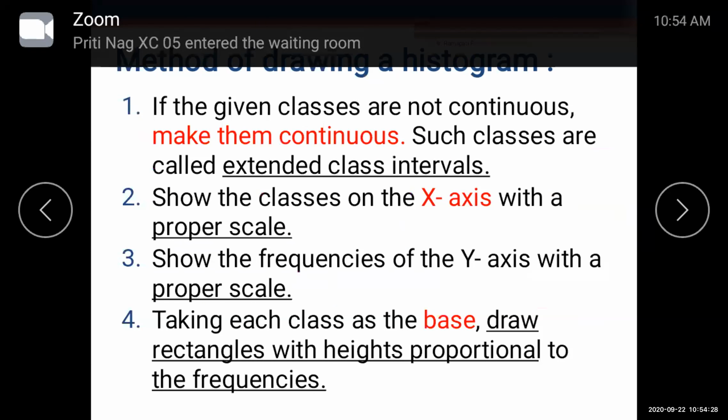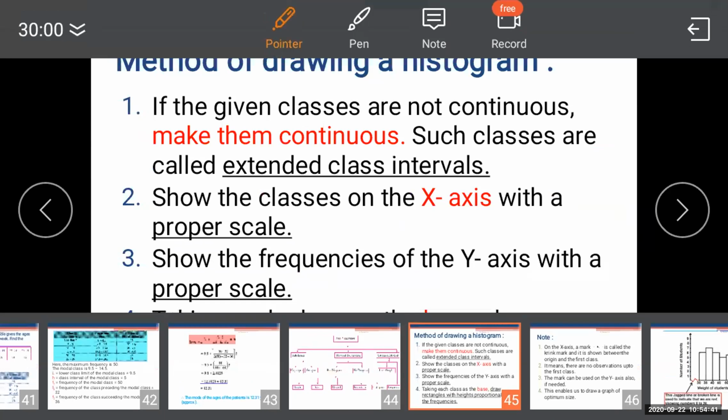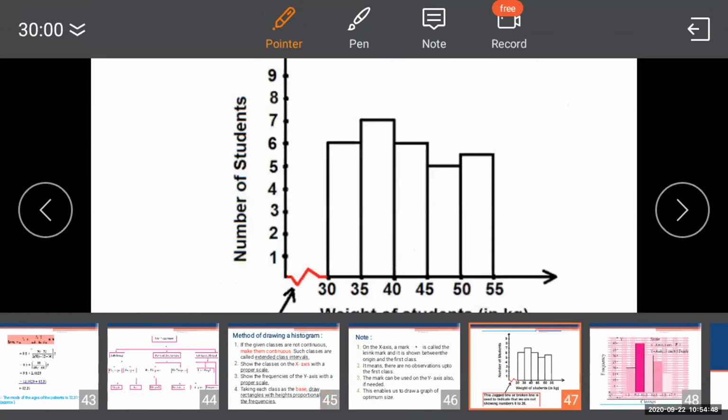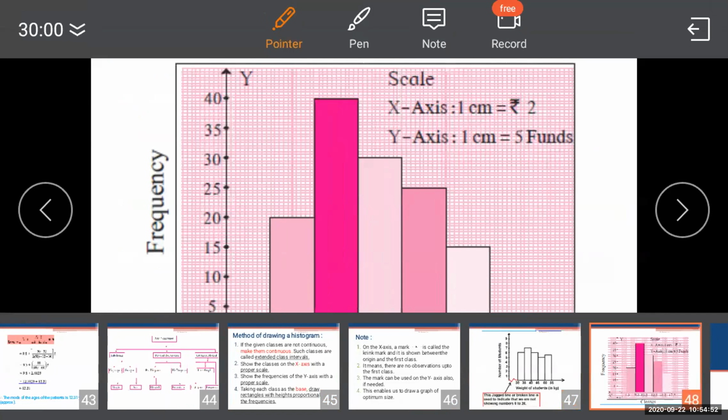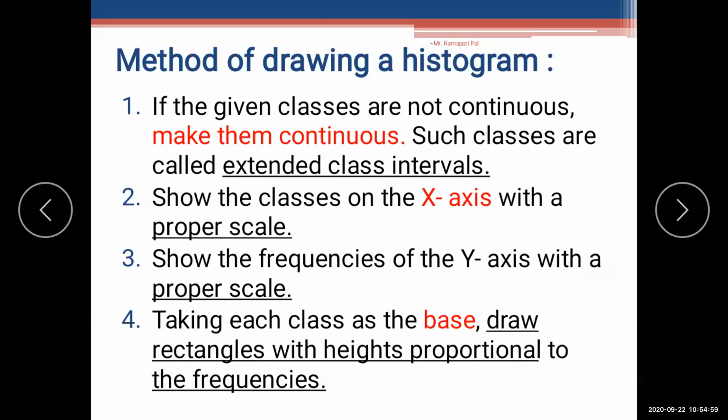So let's see how we are going to draw a histogram.